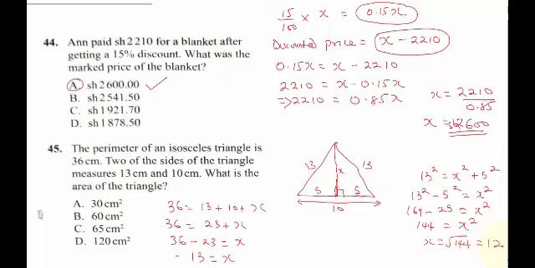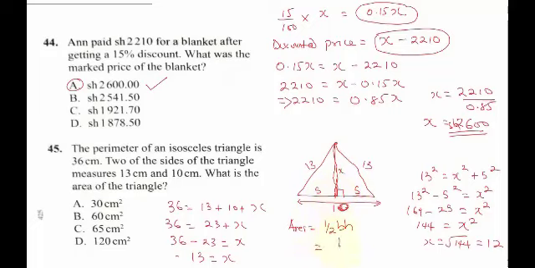Now, having gotten x as 12, we can easily say our triangle area will be half base times height. Now, the base of our triangle is 10, and our height is 12.